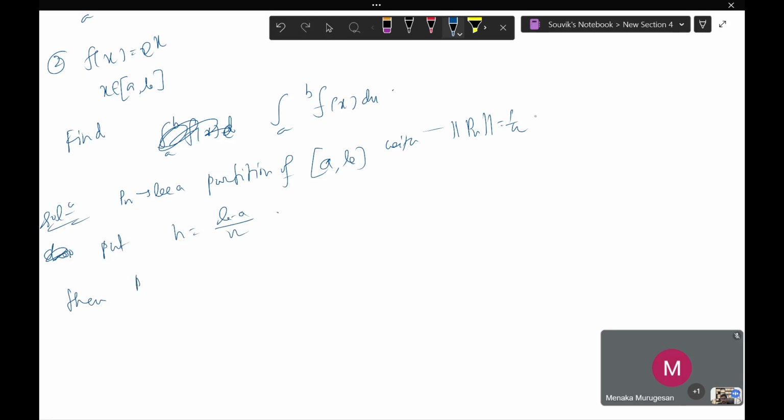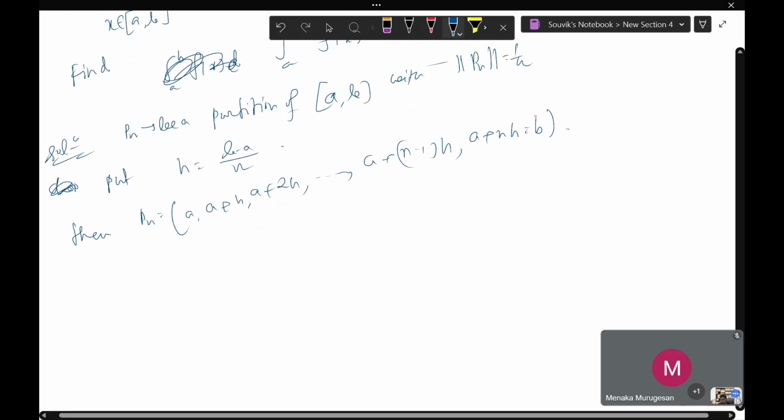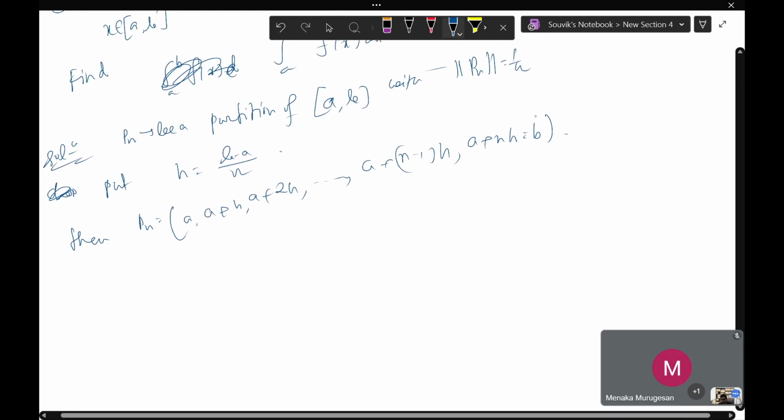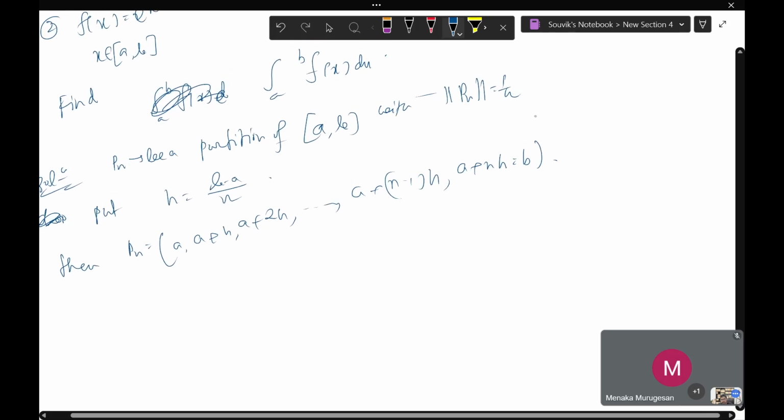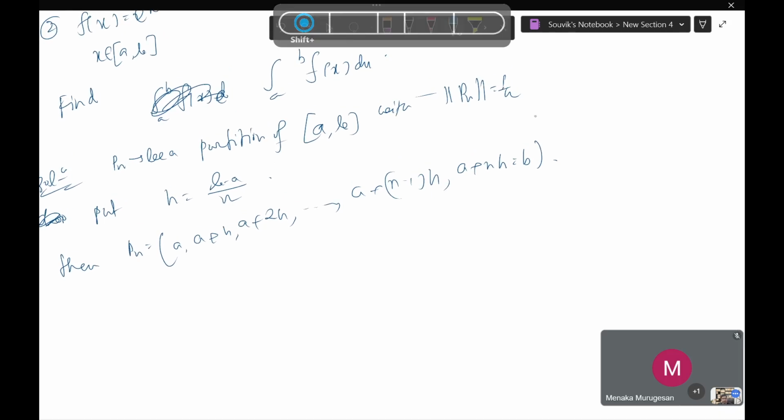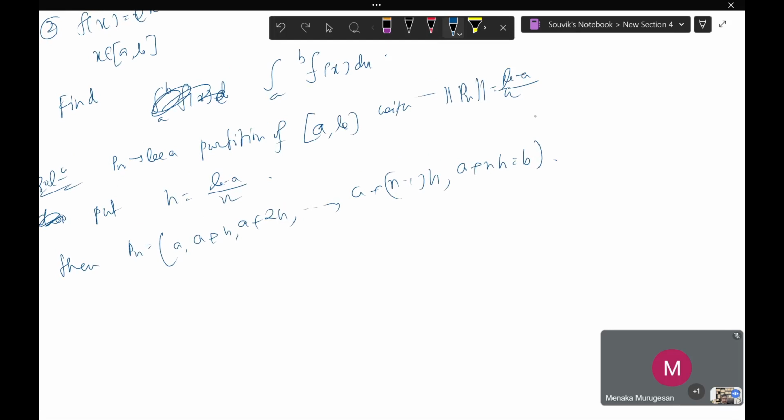Then Pn will be a, a plus h, a plus 2h, up to a plus (n minus 1)h, and a plus nh, which is nothing but b.